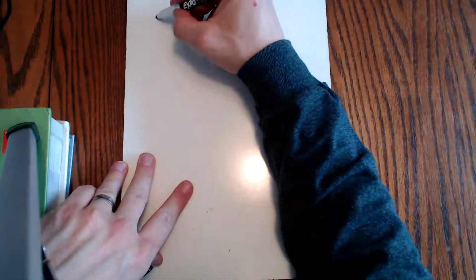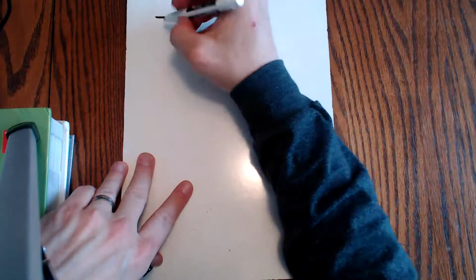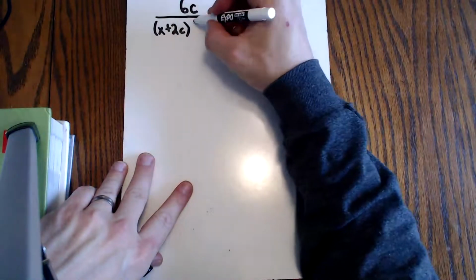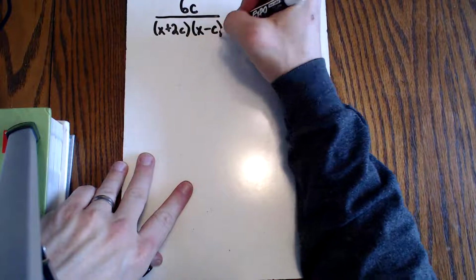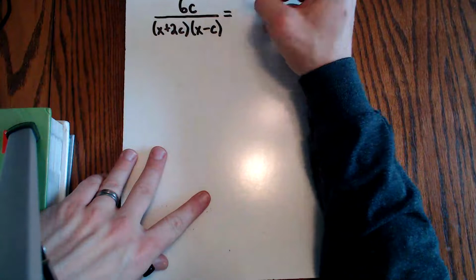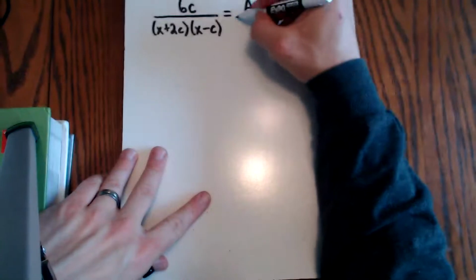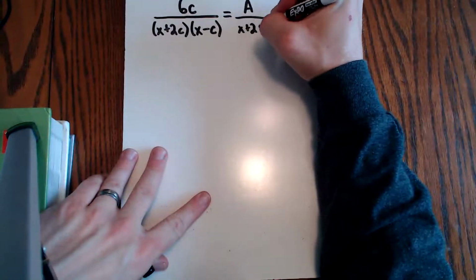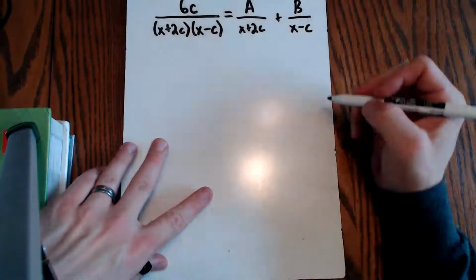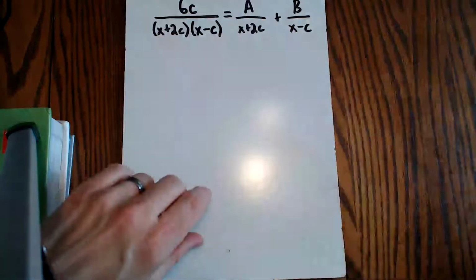Okay, so I'm not even writing down the calculus, I'm just writing the fractions. So we've got 6c divided by x plus 2c times x minus c. The idea is we want to say how much x plus 2c and how much x minus c are required here to build that fraction.